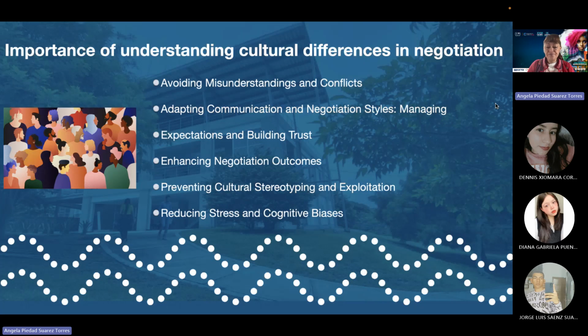Some cultures just want to go straightforward through the process. Some other cultures prefer to first establish a relationship between the parties, and after that continue with the negotiation. So first get to know everybody and the company, and after that talk about the business.